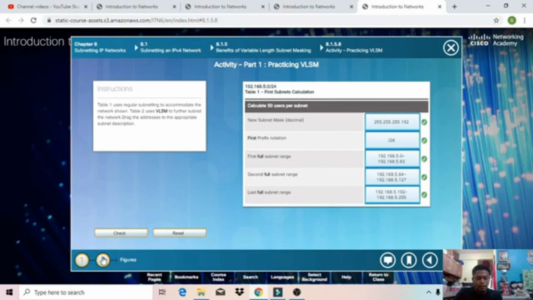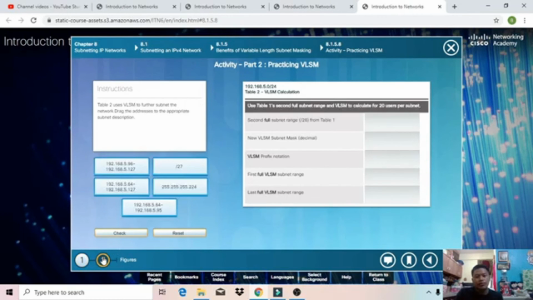So we go to activity 2, practicing VLSM. Here is the instruction. Table 2 uses VLSM to further subnet the network. Drag the addresses to the appropriate subnet description. This is the table. Choose table 1, second full subnet range, and use VLSM to calculate for 20 users per subnet. For the VLSM prefix notation, I think that's the notation because we have prefix notation choices.